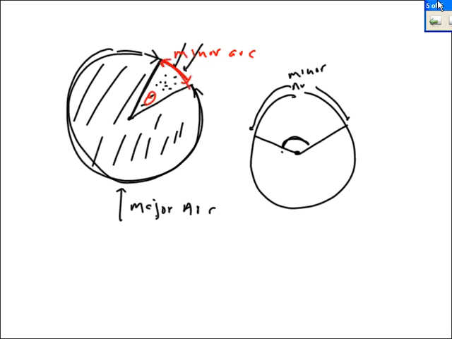This here is the minor arc. And the major arc would be that. This here, that's the major arc. It always has to be from the center. That is, this angle must be central.